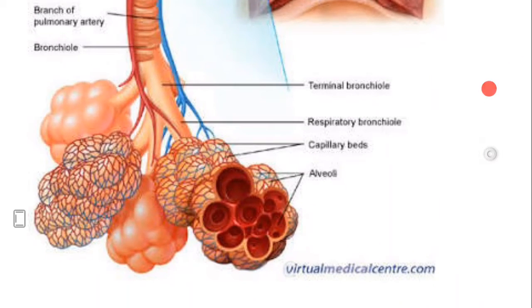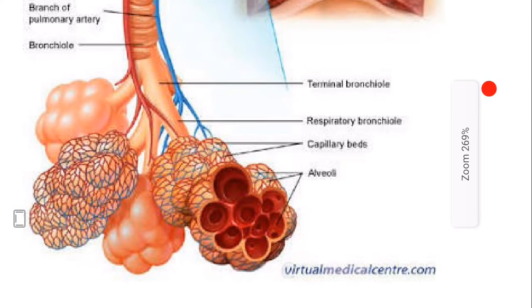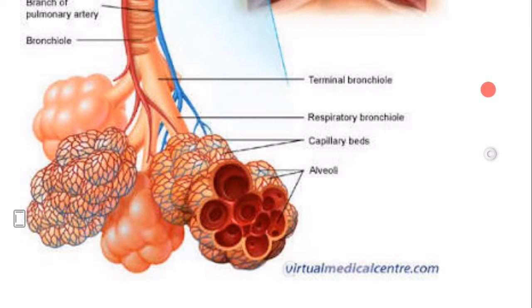As you can see, these sacs are surrounded by blood capillaries, so the exchange of gases takes place here. That is, oxygen is transported from the alveolar sac into the bloodstream, and carbon dioxide is eliminated and carried by the blood.